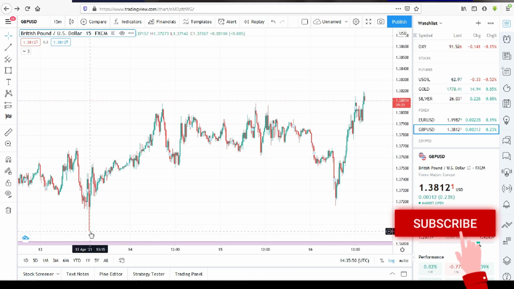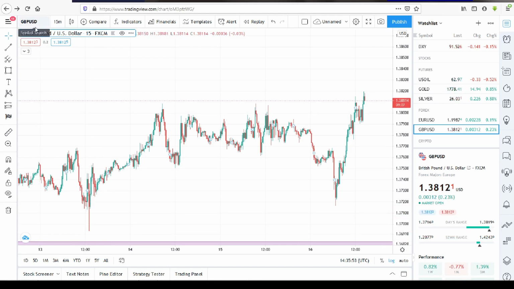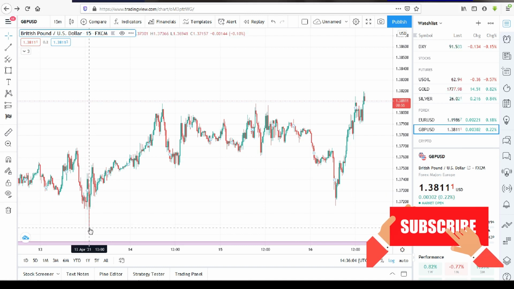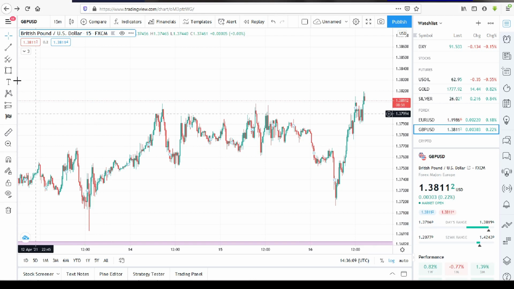So let's check the 13th of April, 1:30. Let's go to GBP USD. It's a US news, so it affects all US based currency. You can see USD there, so it affects this pair. What are we seeing here?